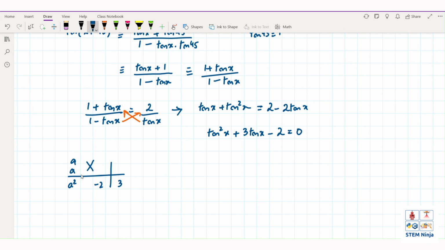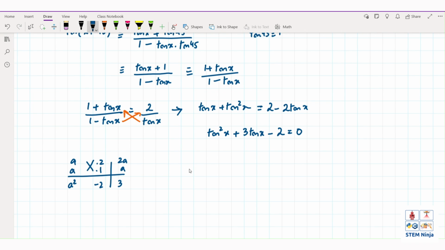Since 2 is a prime number, there's no way we can adjust 2 and 1 to get positive 3a, because one of them has to be negative. So we have to go through the quadratic formula.